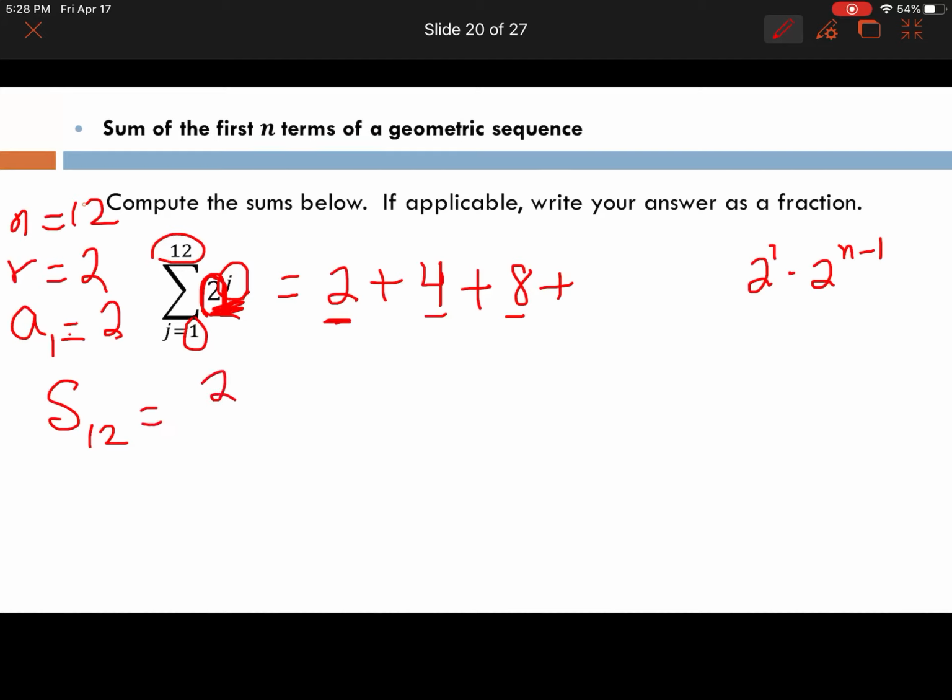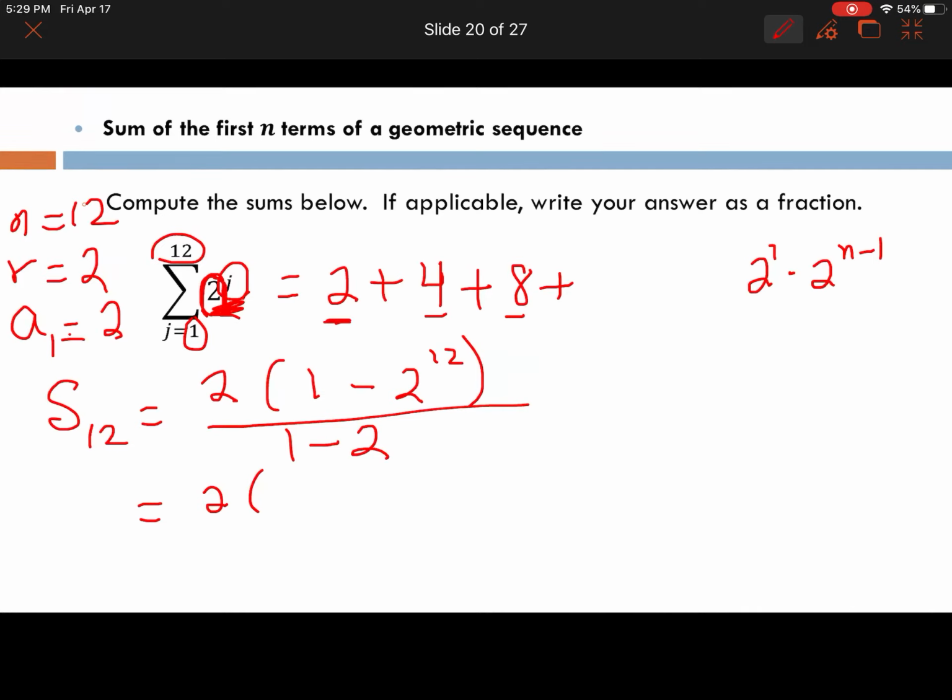Okay, so a sub 1 is 2, and that's going to be 1 minus r, which is 2, to the nth, which is 12, over 1 minus 2. All right, so I've got 2 times, so let's see, 2 to the 12.